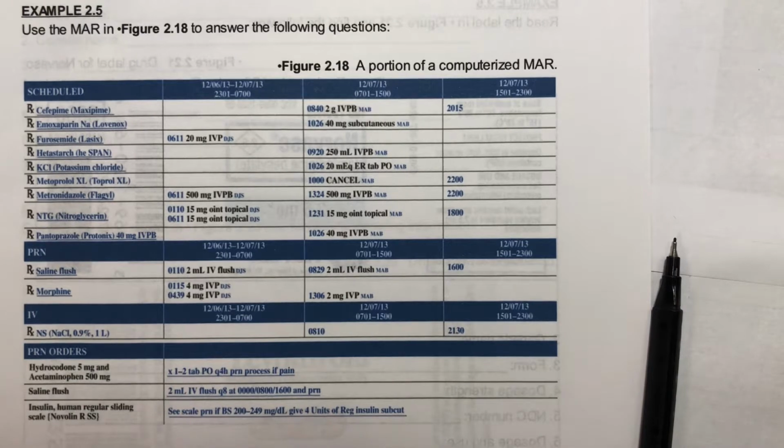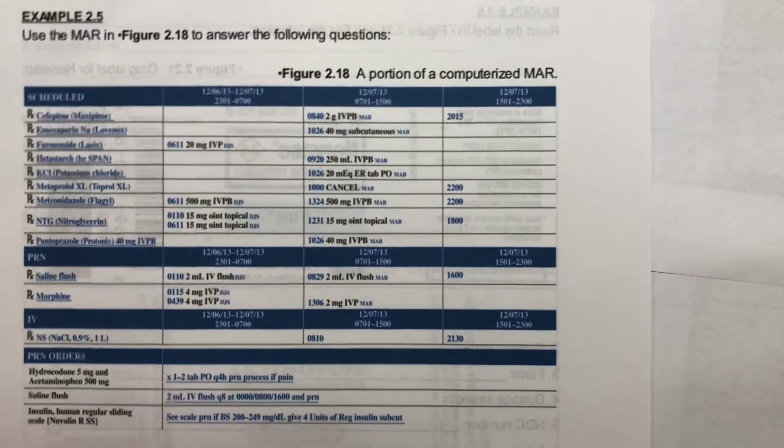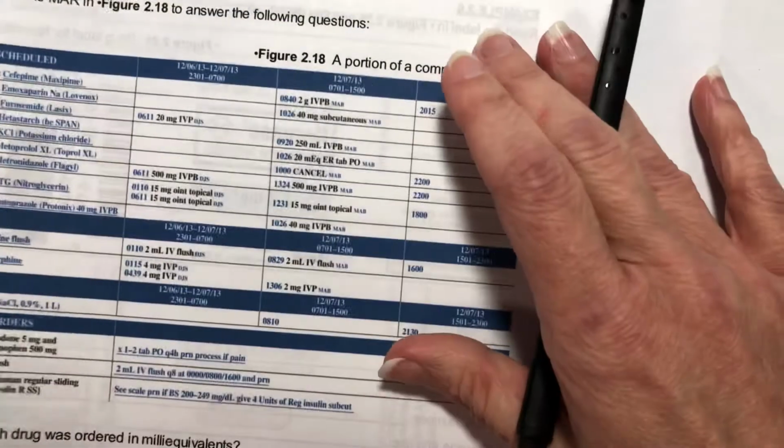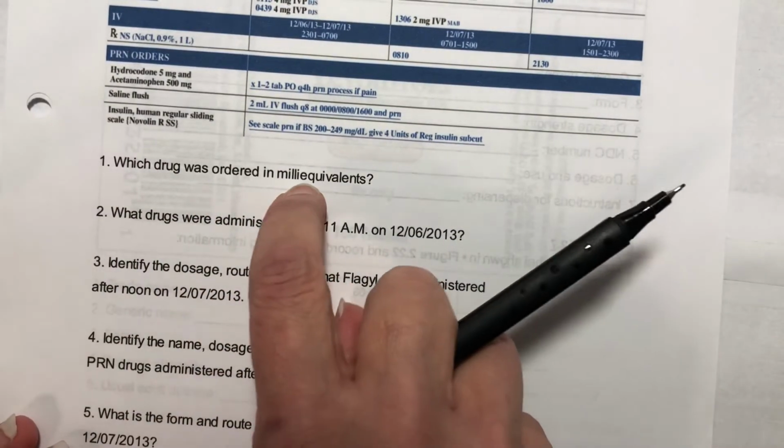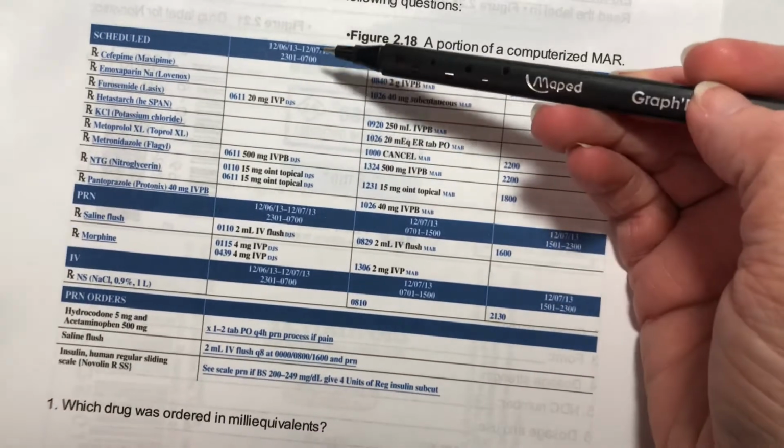Okay, this one is a little bit harder to read, but it's still an MAR, and we're still asked to use this to answer some questions. So we have all this. This is what we will be referring to. Which drug was ordered in milliequivalents? Okay. So I'm going to look at the dosages on all of these.